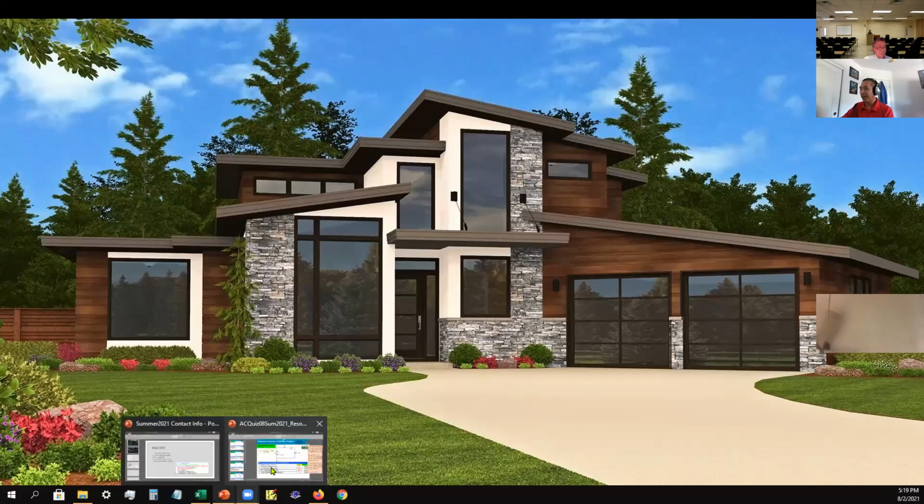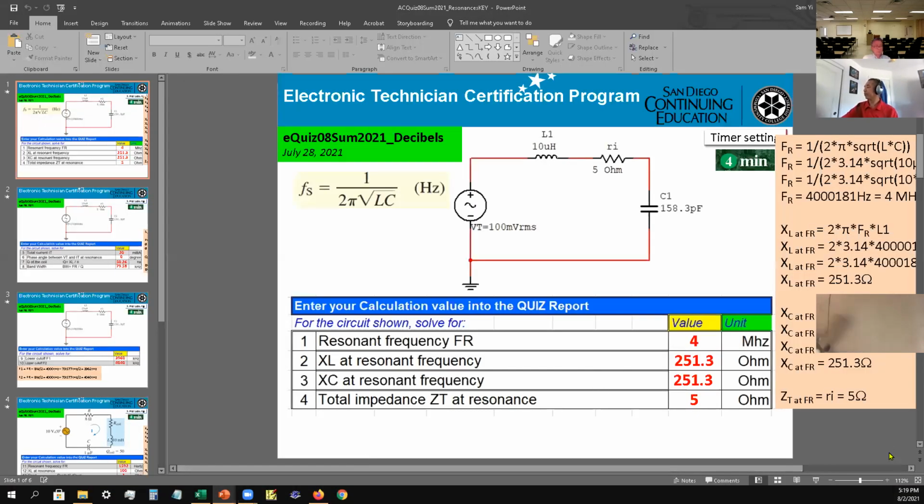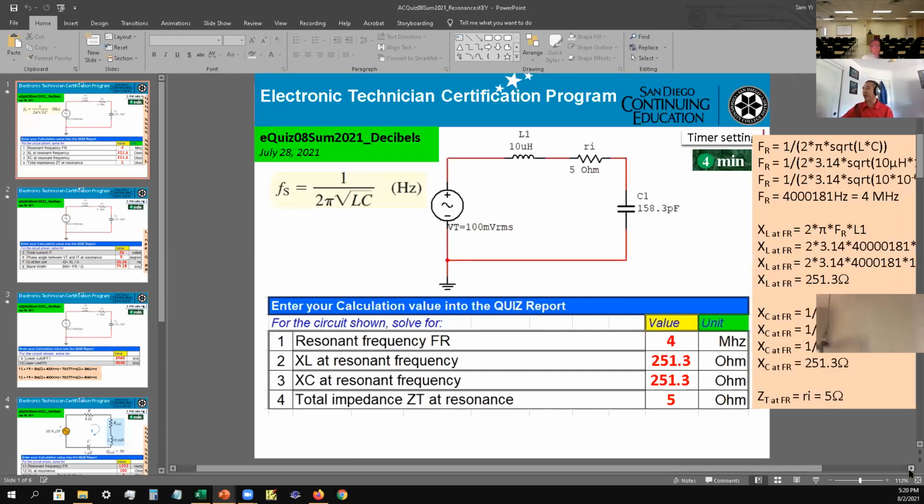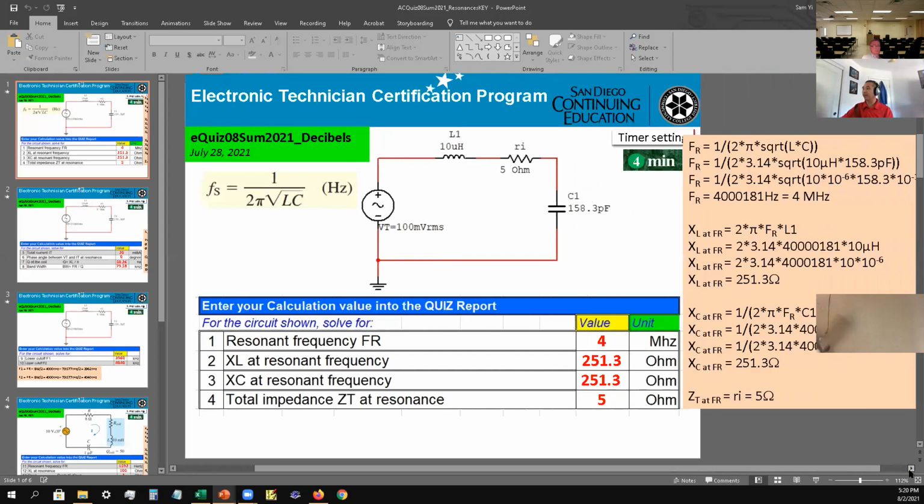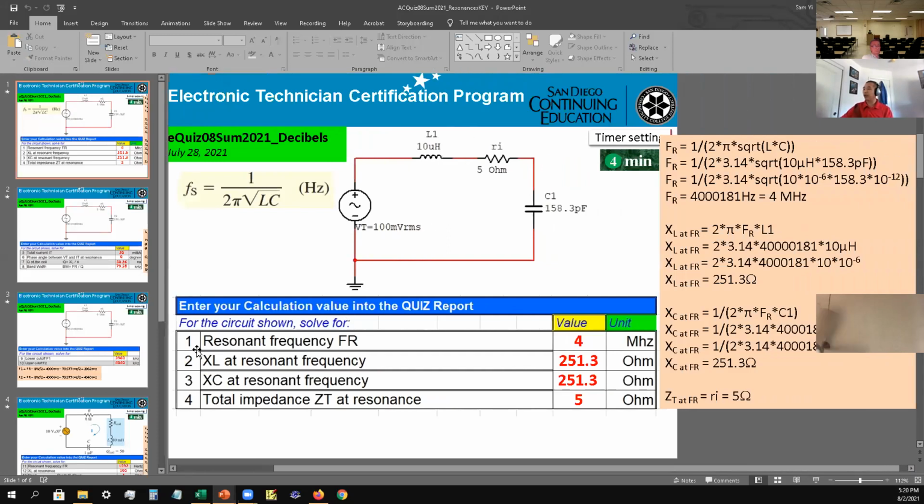Okay, quiz number 8. We're dealing with the resonance of the circuit. Number one, they want the resonant frequency based on this formula right up here: 1 over the quantity 2 pi times the square root of LC.